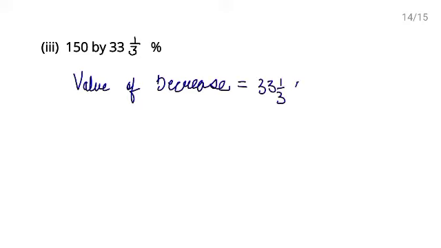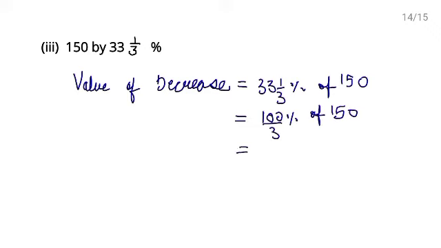Next part, again first of all find the amount of decrease or the value of decrease. कितना डिक्रीज हो रहा है 33 whole 1/3% of 150. 33 multiply 3, 99 plus 1, 100/3% of 150. 100/3% means 100/3 out of 100.